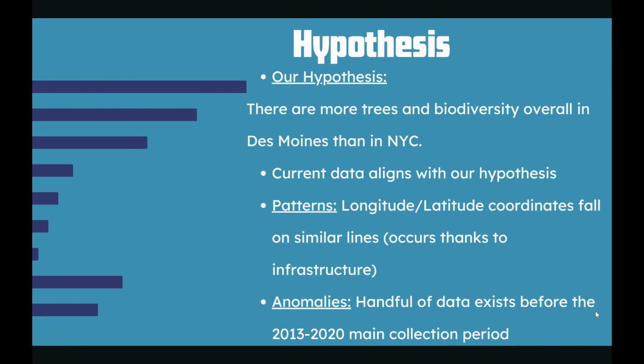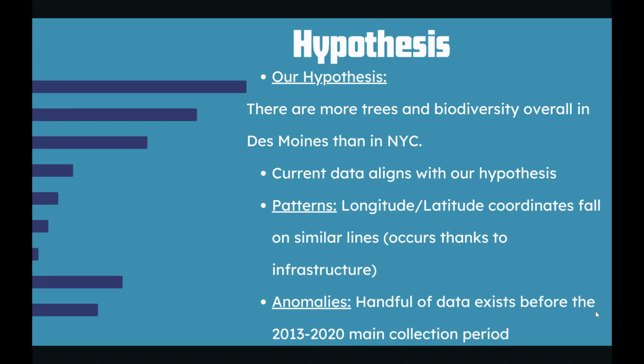I cross checked it between a few different pages, such as the US Forest Service, National Park Service, and different sourcing like that, just to find how things measure up currently and how we can get a better, more descriptive analysis. In terms of patterns, we have longitude and latitude coordinates, which I've talked about frequently. And when measuring that, they fall on very similar lines.